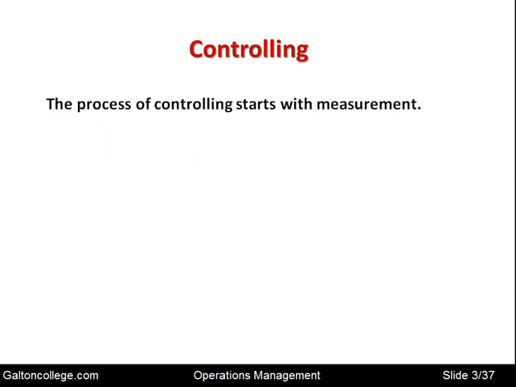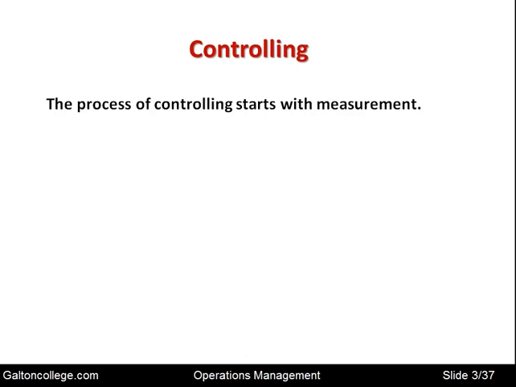Now, the process of controlling starts with measurement. We control things when we can measure them. We control functions and processes when we can measure them. If we can't measure them, we can't say categorically that it's good or bad or it's according to standards. Because when we control, we, generally speaking, set up a standard. This is what should be the outcome.